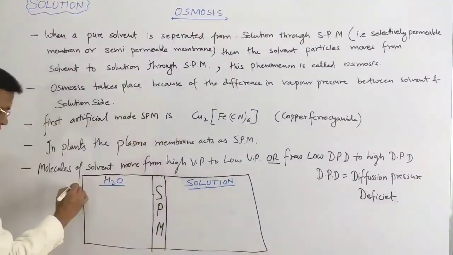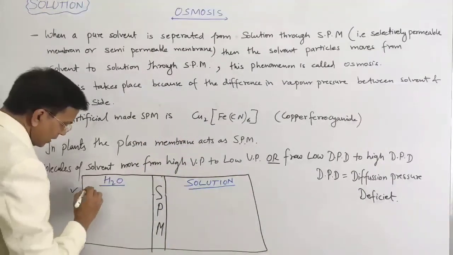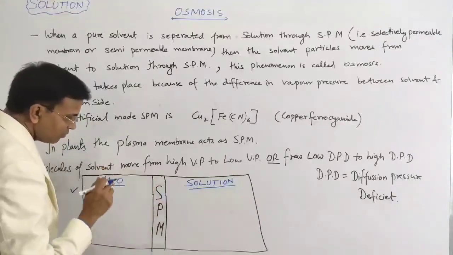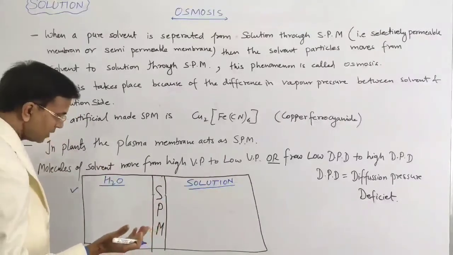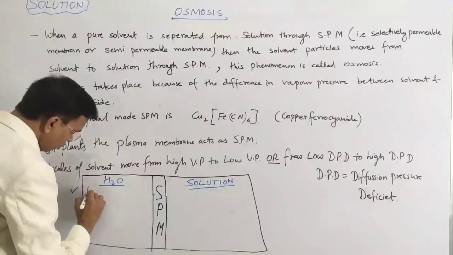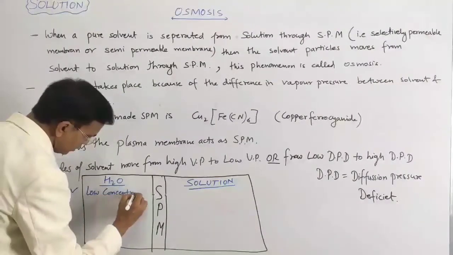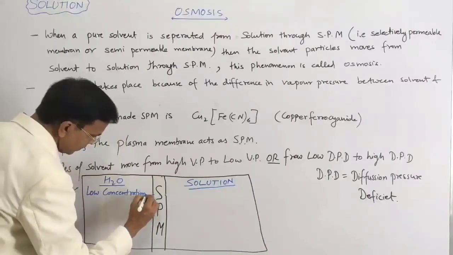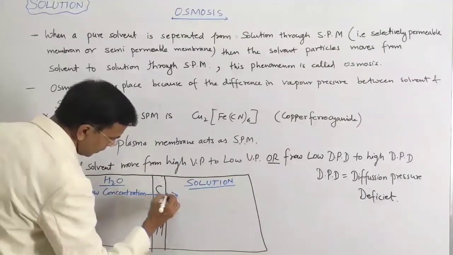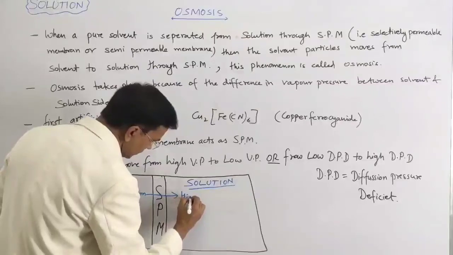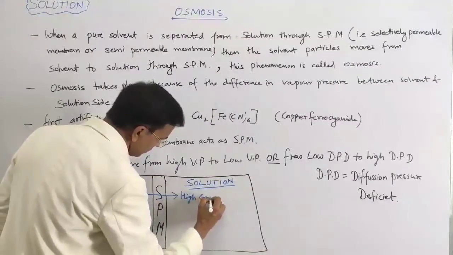Right? Then the first point is the movement of water molecules, or the solvent particles, takes place from low concentration towards high concentration through SPM.